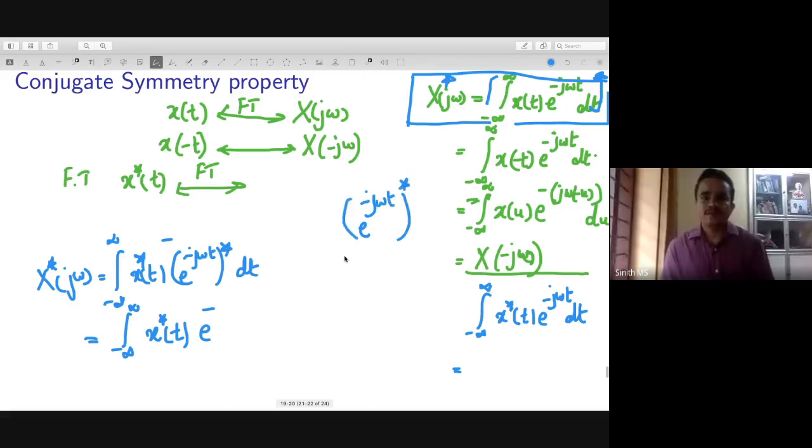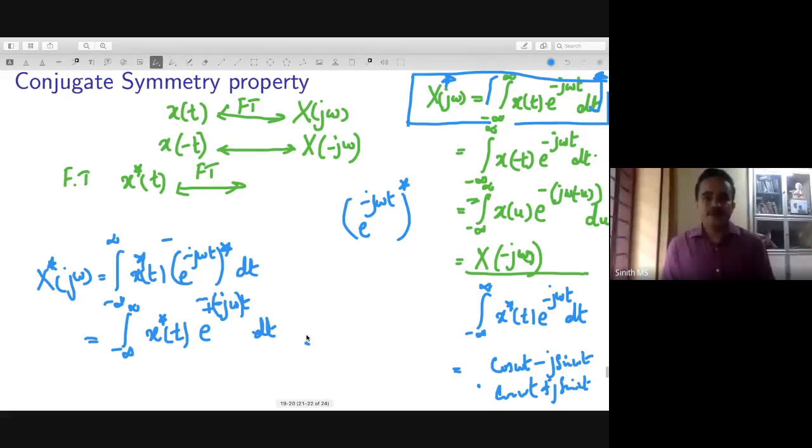You know that e raised to minus j omega t is cos omega t minus j sin omega t, and its conjugate is cos omega t plus j sin omega t, which is e raised to j omega t. So this becomes e raised to j omega t dt. This can also be written as e raised to minus of minus j omega t dt, taking a minus outside.